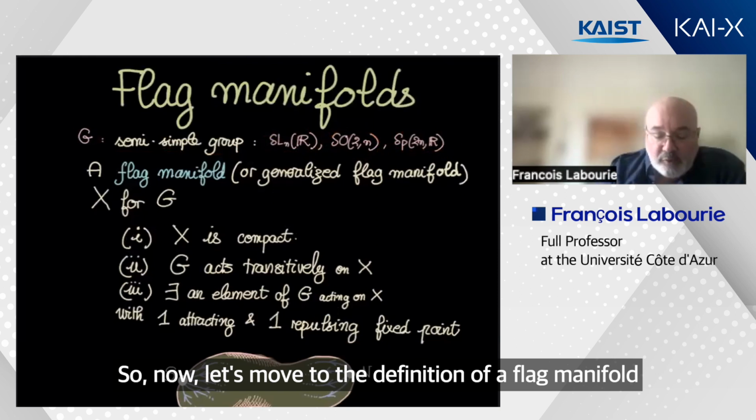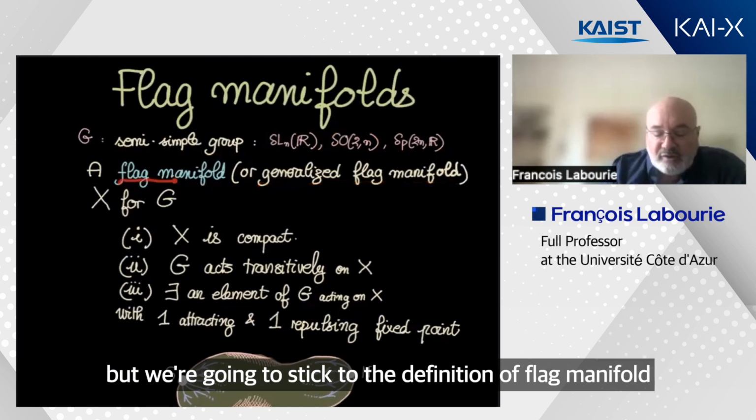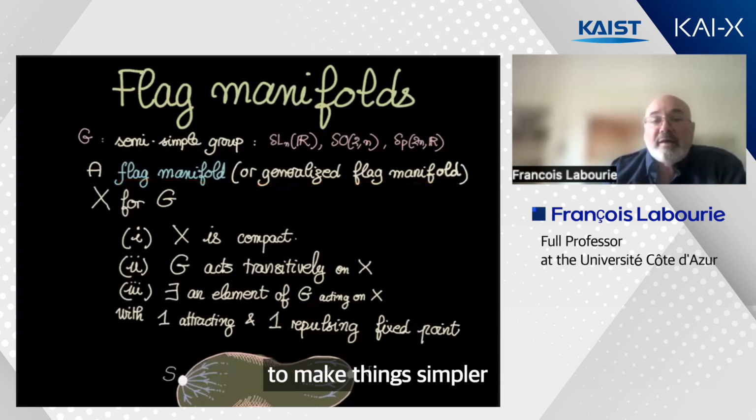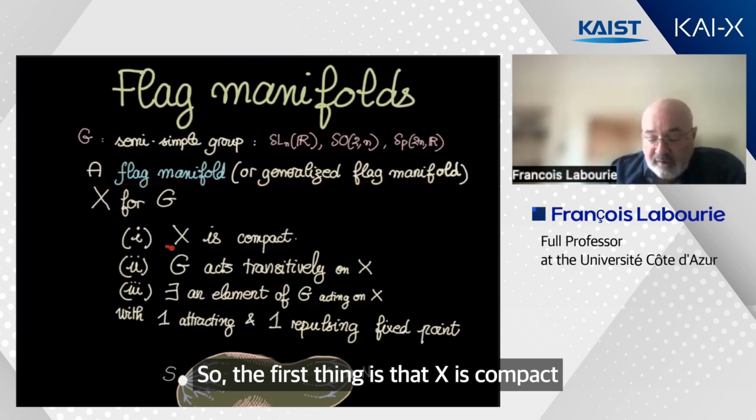Now let's move to the definition of a flag manifold, actually called a generalized flag manifold, but we're going to stick to flag manifold to make things simpler. A flag manifold is a topological space X with the following properties. The first is that X is compact.